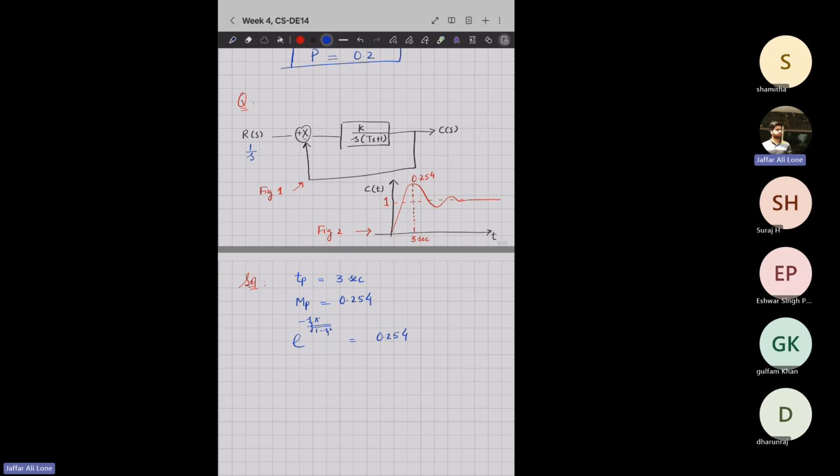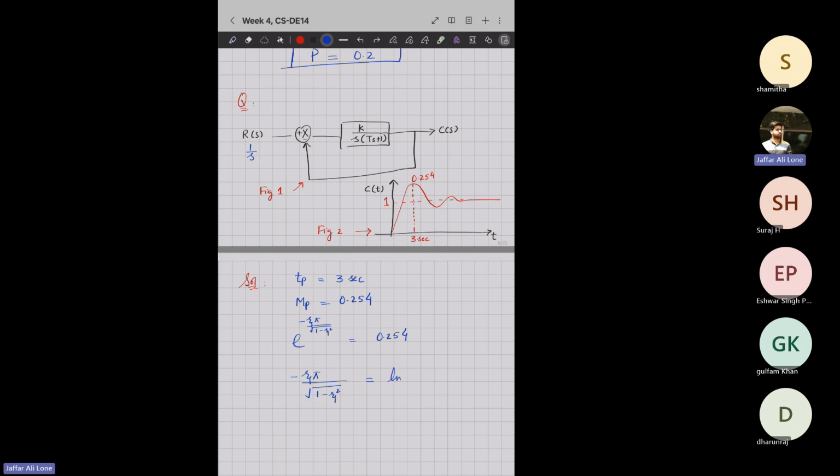So you will get minus zeta pi divided by square root of 1 minus zeta square equal to natural log of 0.254. I don't know the value, but you will get a minus value. That minus and this minus will go.